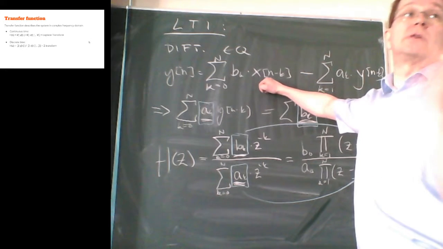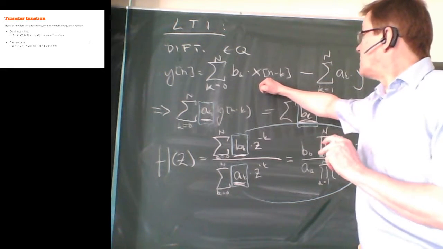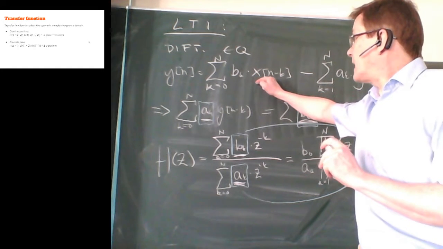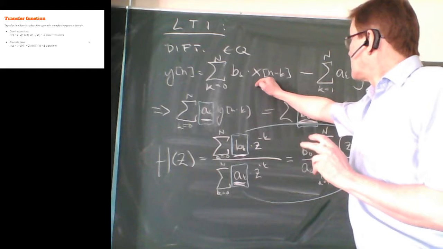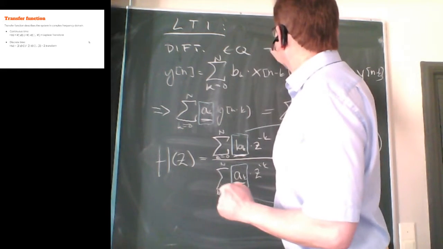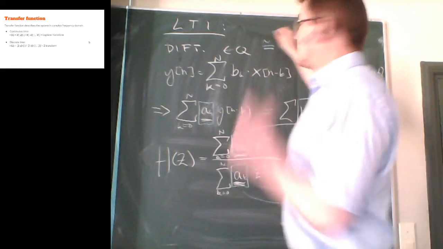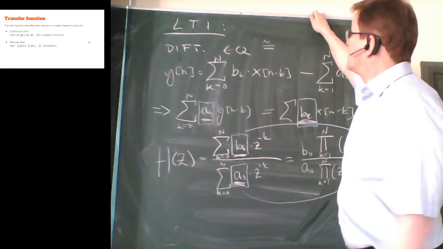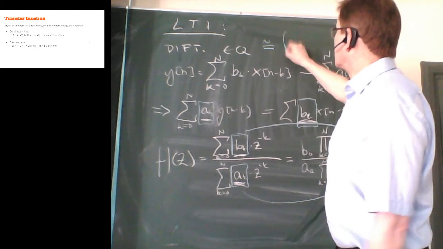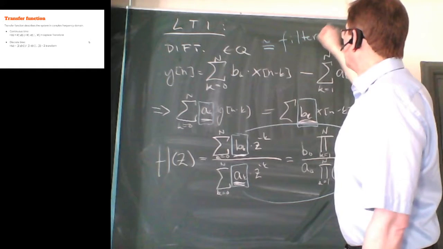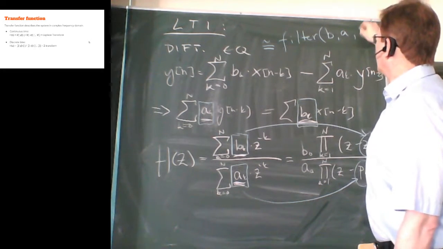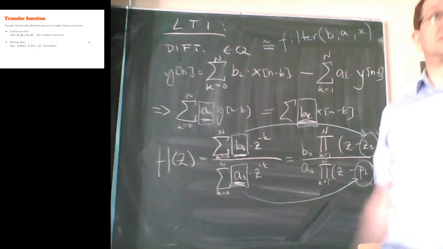So basically we could calculate the output from a simple input and just be happy with that. The difference equation in MATLAB, if you want to calculate the output, is called filter, which takes two parameters, b, a, and then the input value.